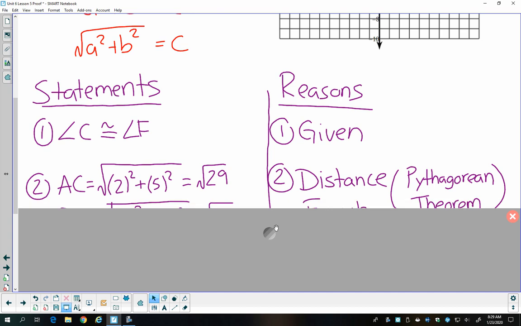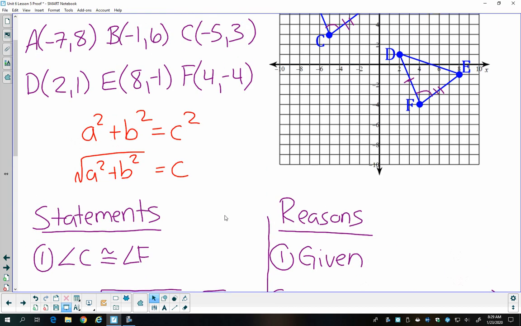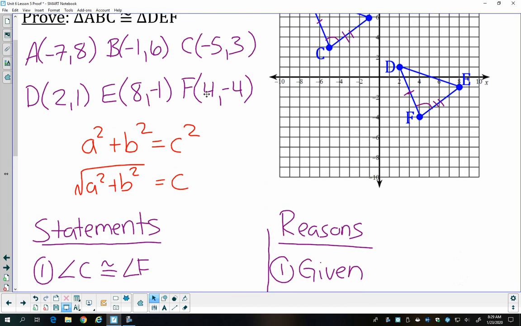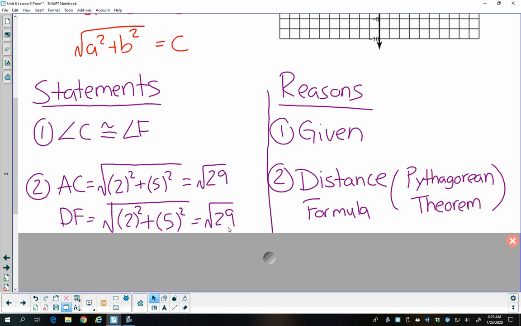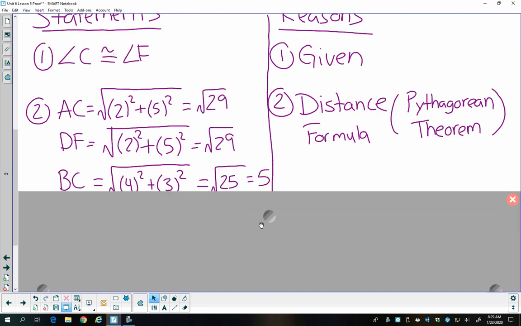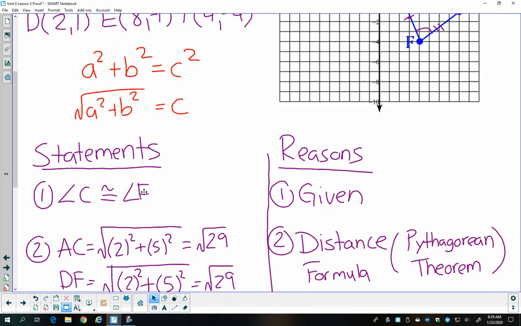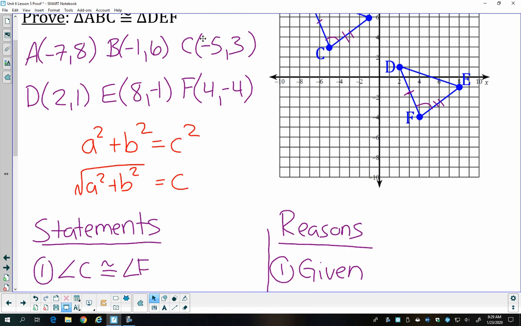In DF, the x values for D and F are 2 units apart. The y values for D and F are 5 units apart, giving us the same result, the square root of 29. Similarly, the x values for B and C, -1 and -5, are 4 units apart.